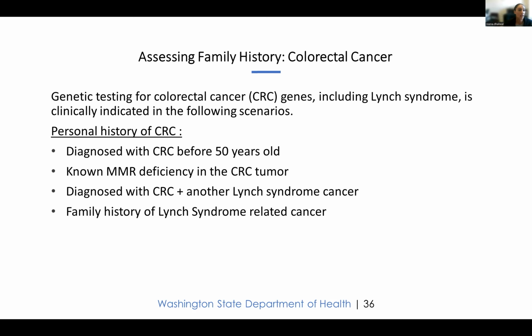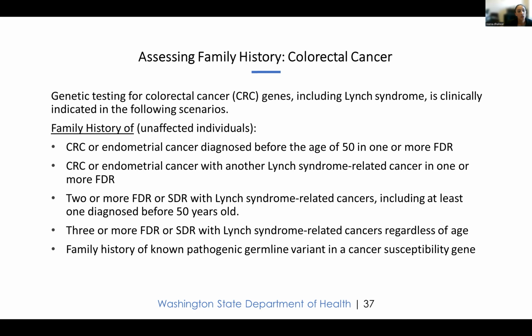If there is a deficiency that is suspicious for a germline variant in a mismatch repair gene, then that is sufficient to prompt germline evaluation for colorectal cancer syndromes. Testing is also recommended for an individual who has colorectal cancer plus another Lynch syndrome associated cancer, whether that be endometrial cancer, ovarian cancer, bladder cancer, or someone who has a family history of a Lynch syndrome related cancer and a personal history of colorectal cancer.